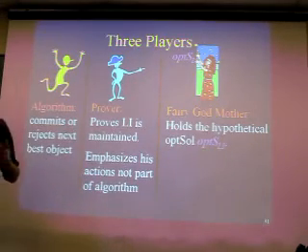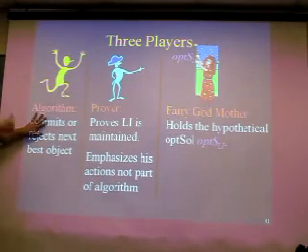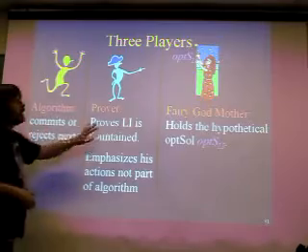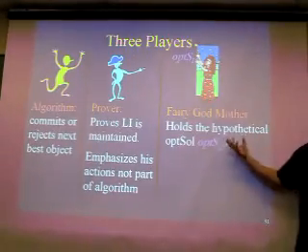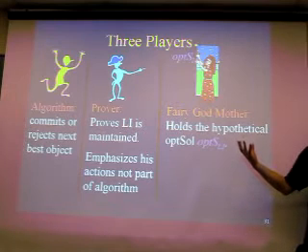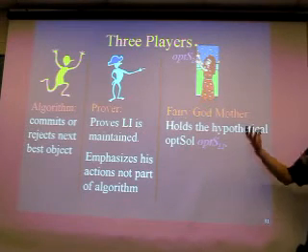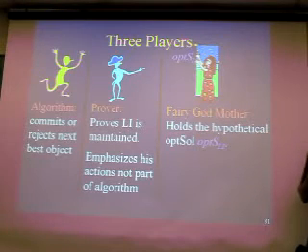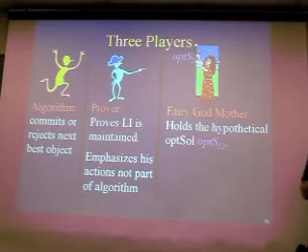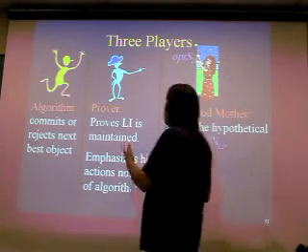So the algorithm has committed to some objects, and the fairy godmother is holding this optimal solution for us. So we can now talk about it. She has it, she's holding it. What's her role? Pretty well, that's her whole role. She holds it.